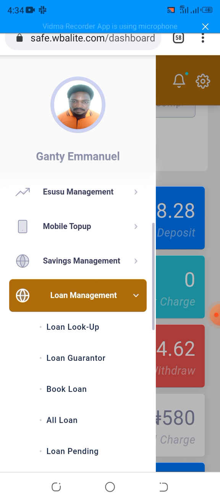Second, check if this customer has borrowed money and has refused to pay. Third, check if this customer already has an ongoing loan. Fourth, understand if this customer has been signing up on different loan apps.